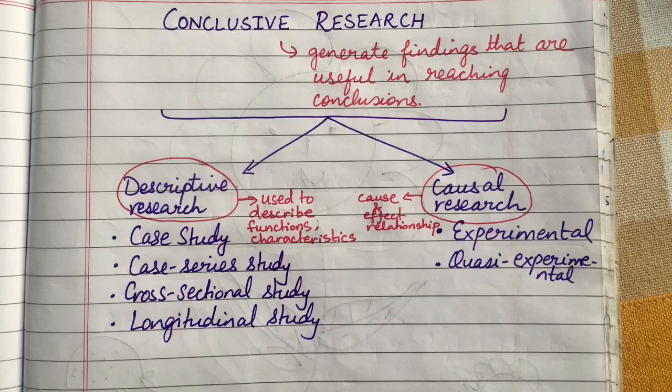So that is one major difference from the exploratory research design, that here the hypothesis is tested in conclusive research design. Conclusive research is also very likely to use statistical tests, advanced analytical techniques, and larger sample size compared to exploratory studies. And conclusive research is more likely to use quantitative methods rather than qualitative techniques.